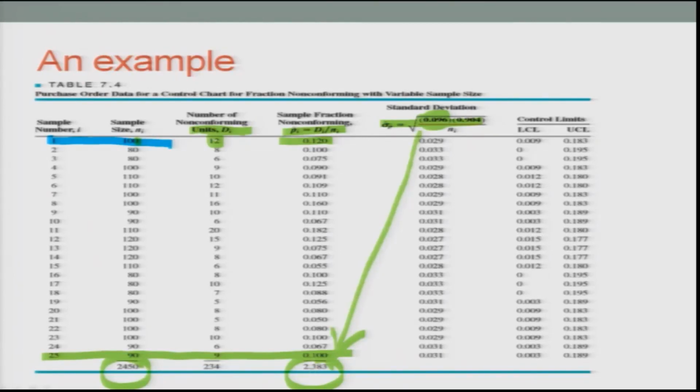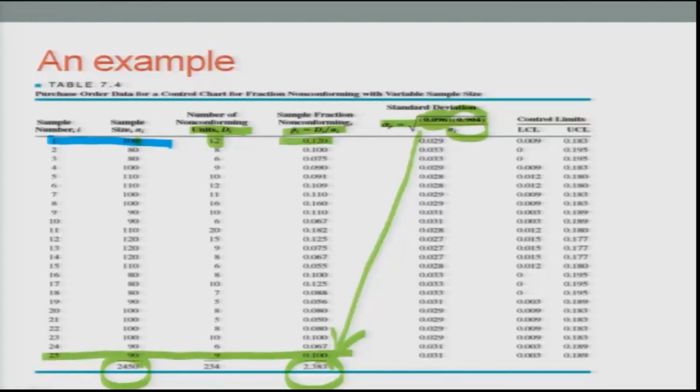You have 2.383 as the sum of the p hats for all i's, i going from 1 to 25, you add them up and divide by 25, which is the number of readings. Then q would basically be given by 1 minus p hat, and then you go into the formula.